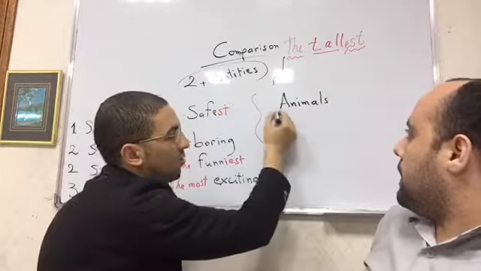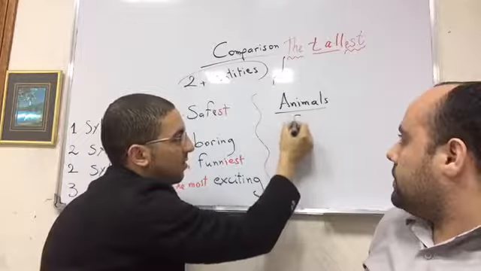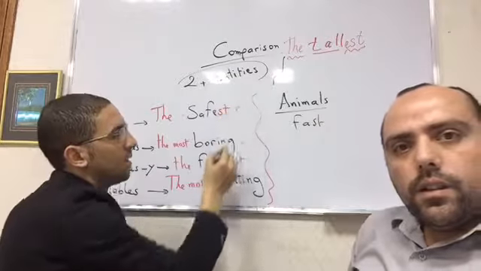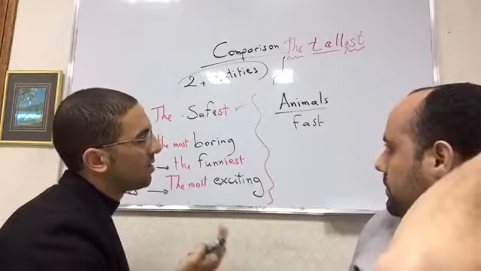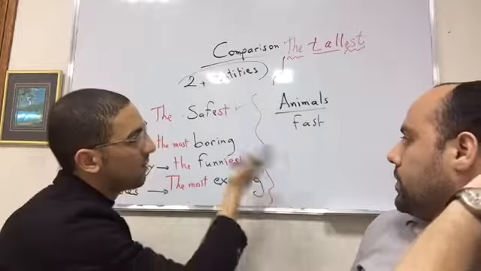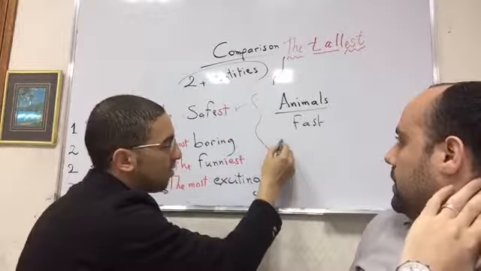We'd like you to use the adjective fast. It's a one syllable adjective. We'd like you to pick any animals that you know and give us the superlative form, the one that is here on the top.